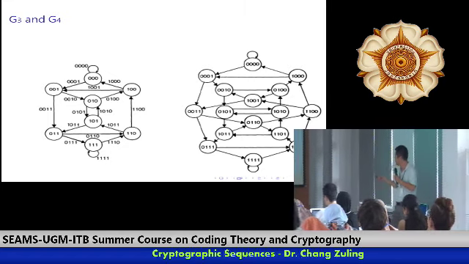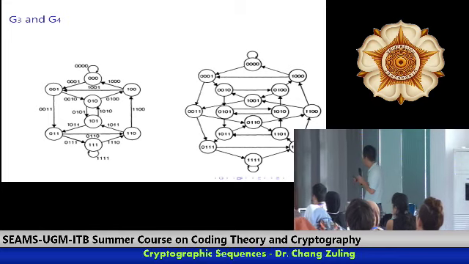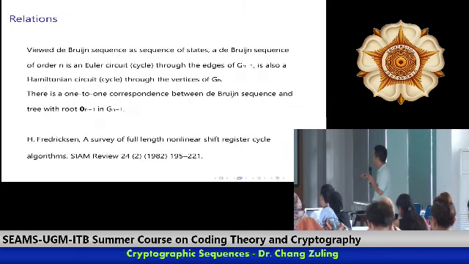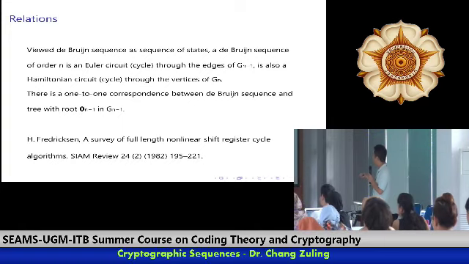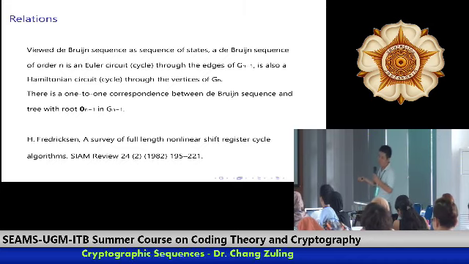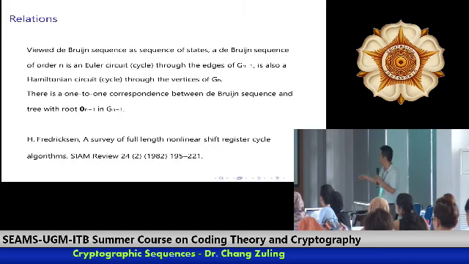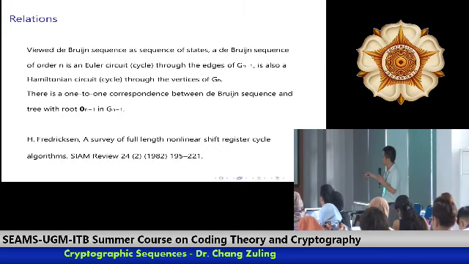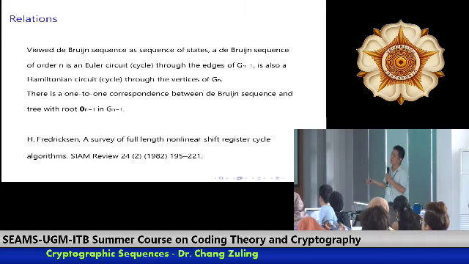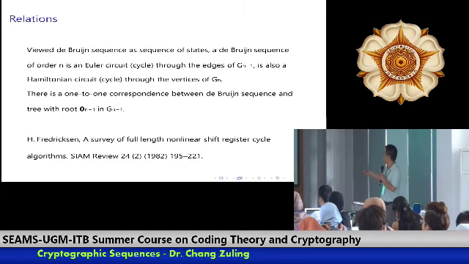And there's a one-to-one correspondence between de Bruijn sequences of order n and the trees with root 0 to the n-1 in G(n)-1. According to each tree, we can construct it, but we omit it here.